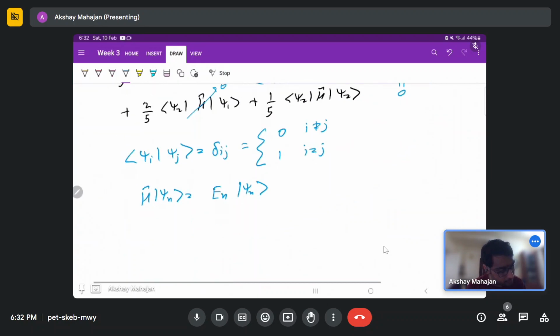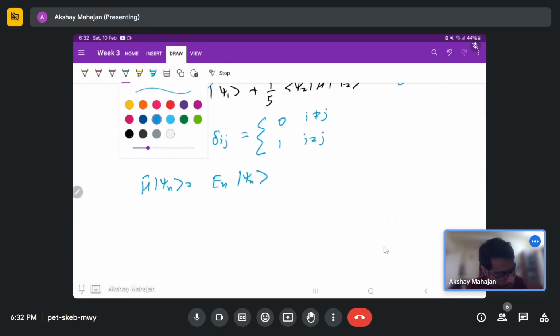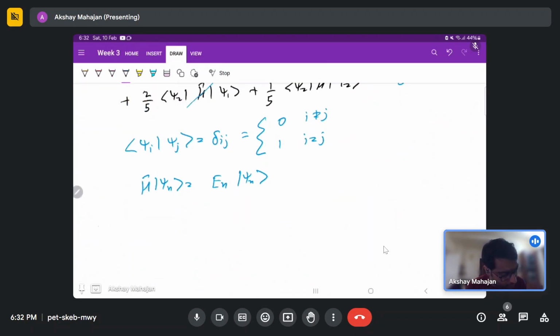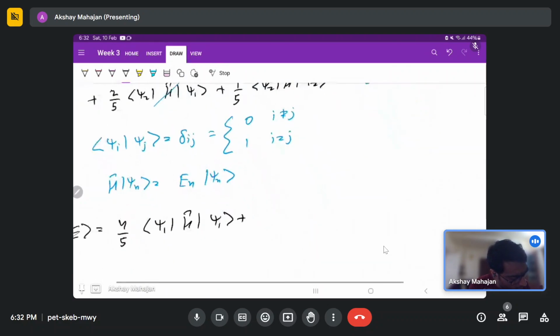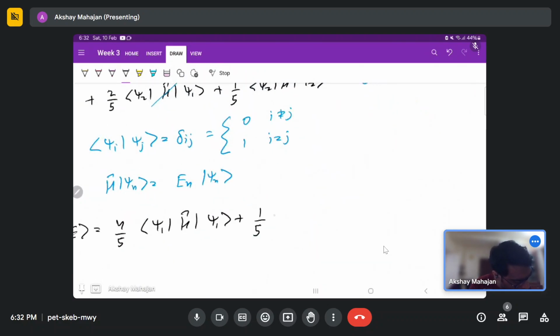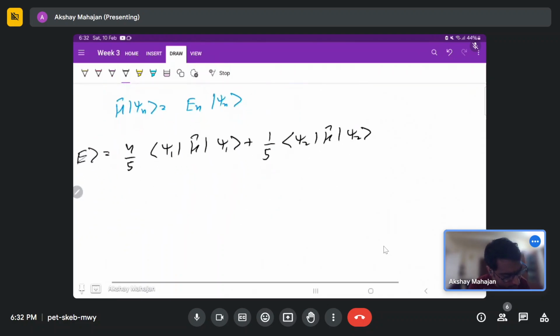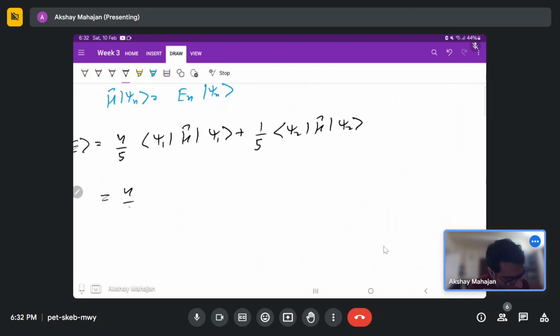Alright, so just using this relation, what we get for our expectation value of energy is 4/5 times the remaining terms, which is ⟨ψ1|H|ψ1⟩, plus 1/5 of ⟨ψ2|H|ψ2⟩. And this we know is basically our E1, and this is basically our E2 energy.